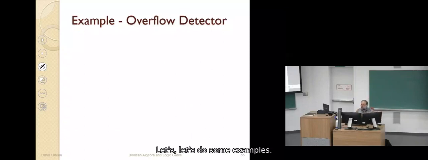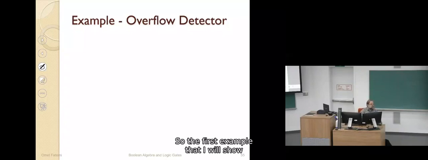Let's do some examples. Let's say that we have 6-bit signed numbers, 2's complement numbers, 6 bits. So the first example that I will show you is adding 2 positive numbers, which doesn't result in overflow.